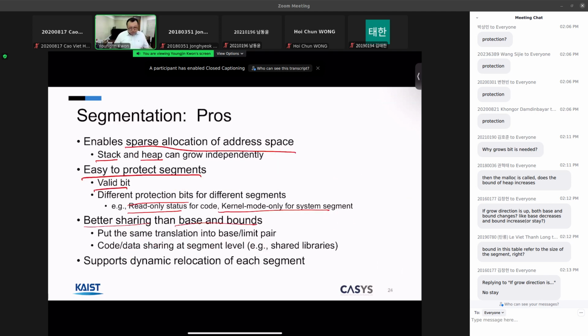Okay, and also there is dynamic relocation for each segment.